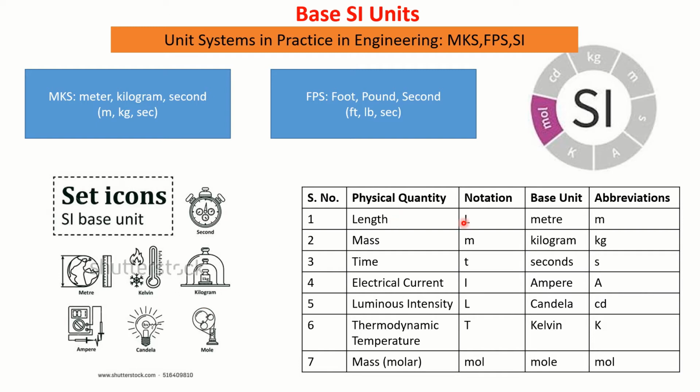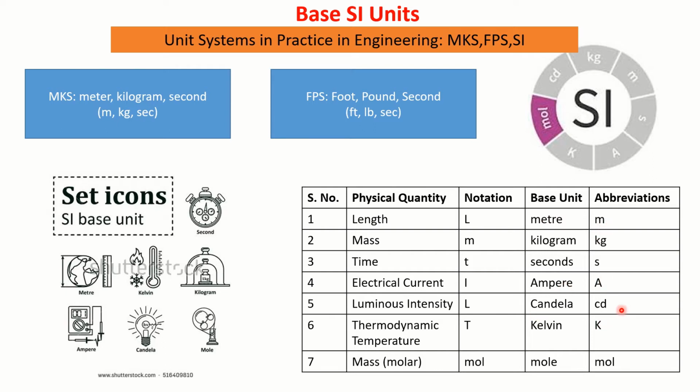The unit of length is meter, designated by small m. Unit of mass is kilogram, designated by kg. Both k and g are small letters. Unit of time is second, abbreviated as small s. Unit of electric current is ampere, abbreviated by capital A. Luminous intensity, base unit is candela, abbreviated as cd.